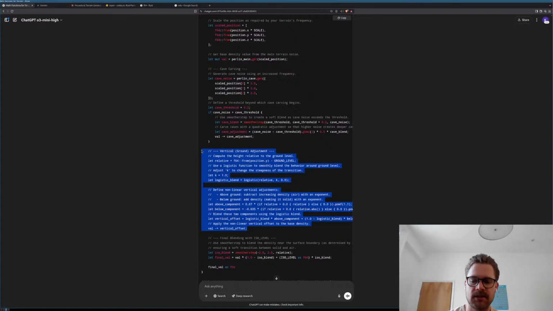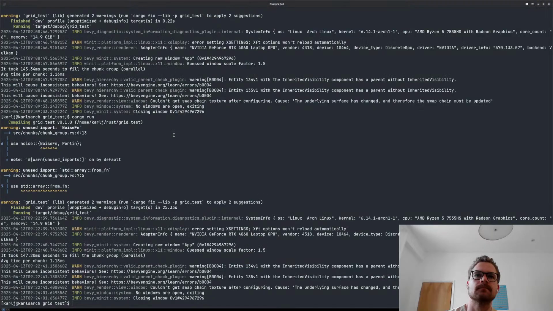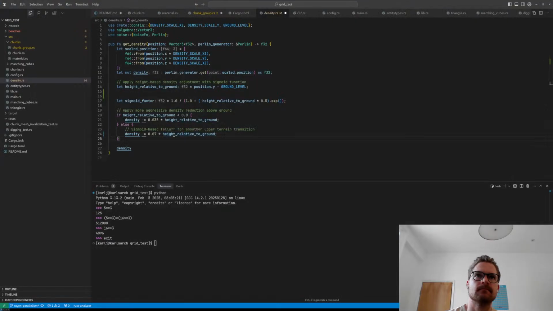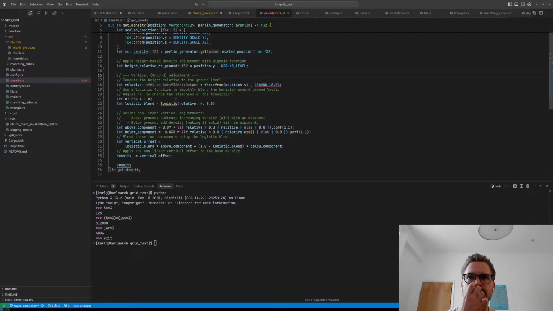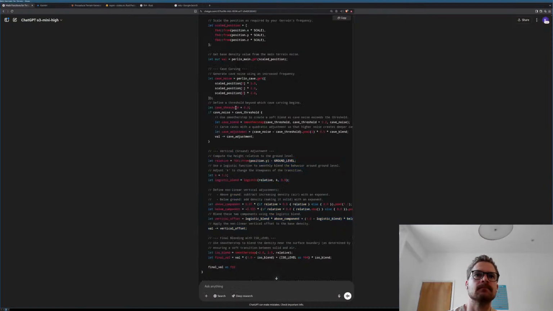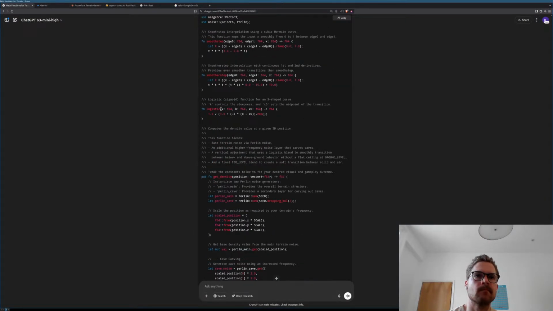Okay, let me shamelessly copy paste this. This is similar to the sigmoid function, yeah, for an S-shaped curve.